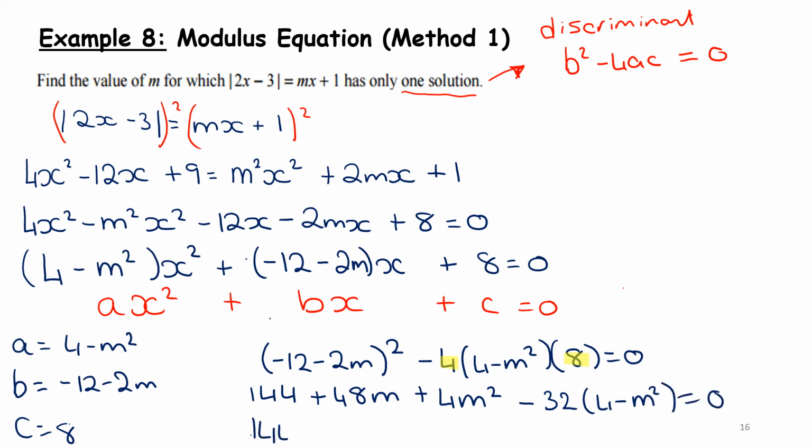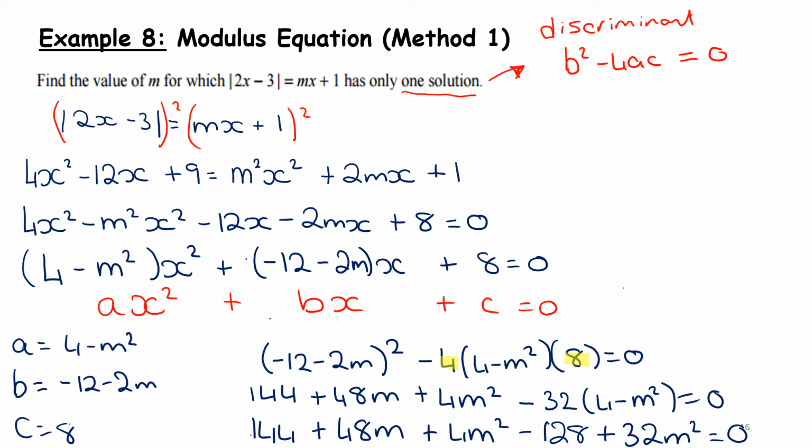So that's 144 plus 48m plus 4m squared minus, now we have 32 by 4, and that gives us 128, so we get minus 128 here, and then minus 32 by minus m squared gives us a plus 32m squared equals 0.